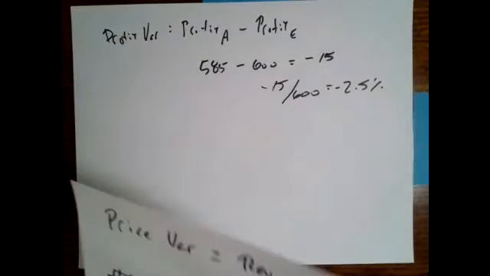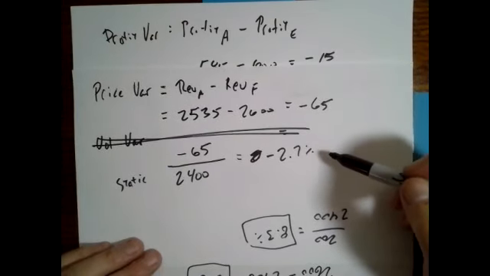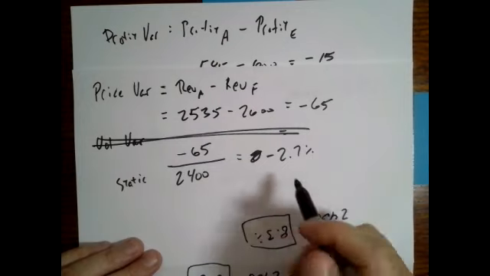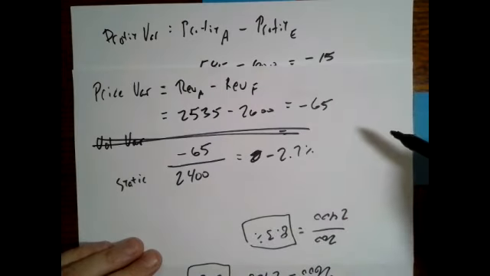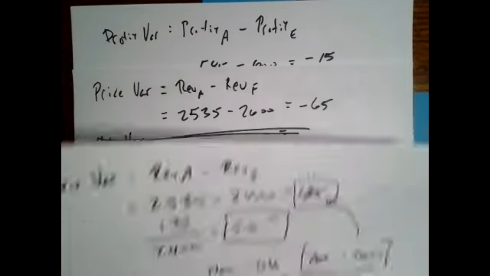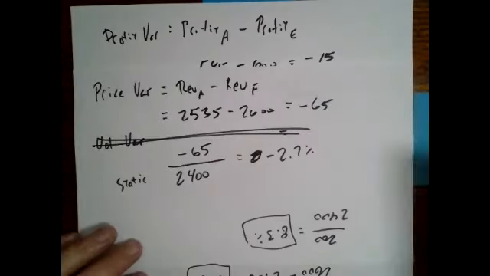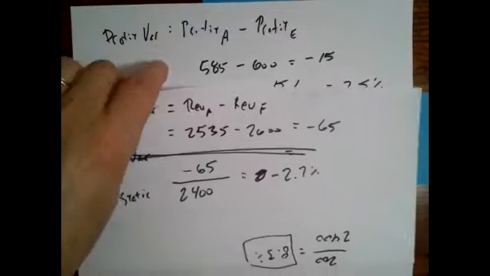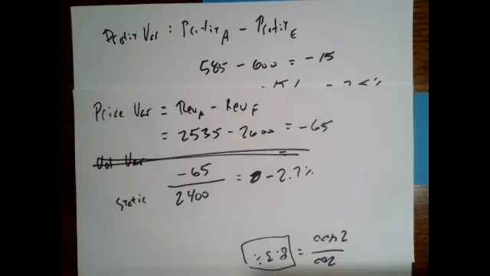Our volume variance. But our price variance was down. So again, we charged less than we thought we would per unit. That's what our price variance tells us. If we have a negative price variance, it tells us that we charged less per unit, even though we did more units. So we had an overall positive revenue variance of plus 135, that came from the increase in volume, which gave us 200. It offset the fact that we had a reduction in average price per unit of 2.7%.